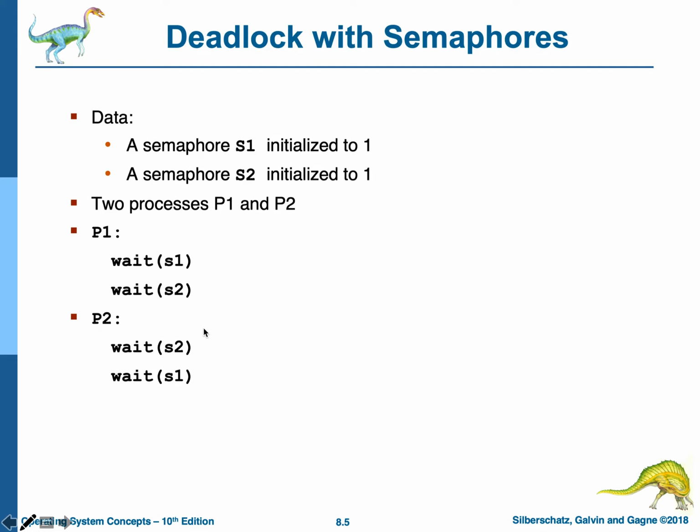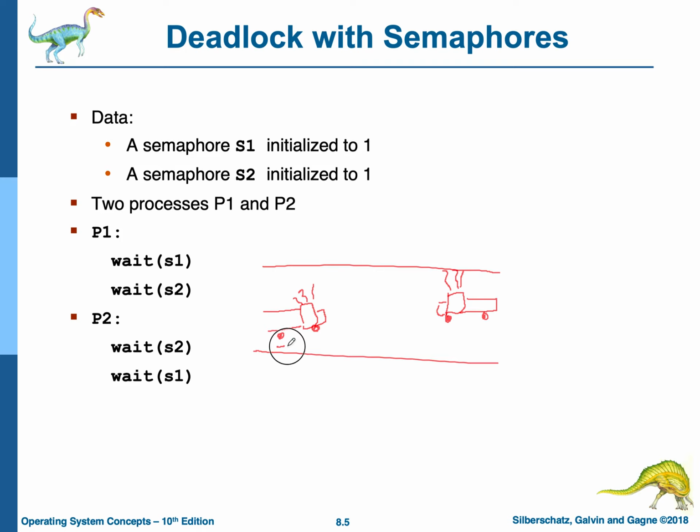Now, a deadlock with a semaphore can occur. For example, as I have already given you an example, there is one train coming this way, and there is another train. My drawing might not be very good, but for explanation, these two trains are moving on the same track.